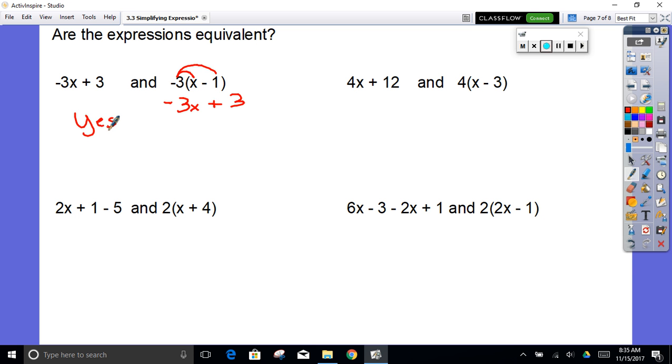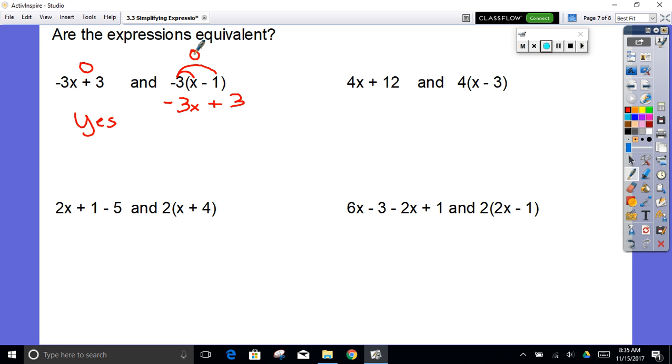And if you're not sure if you did this right, again, you could substitute in a number. So you could look at the original expression. If I put a 1 in for x, I'd have negative 3 plus 3, which would be 0. If I put a 1 in for x here, I would have to do what's in parentheses first. 1 minus 1 is 0, and 0 times negative 3 is 0. So that's another way you can check.